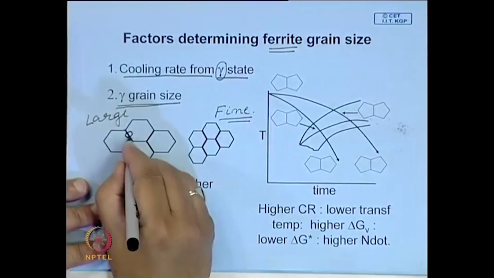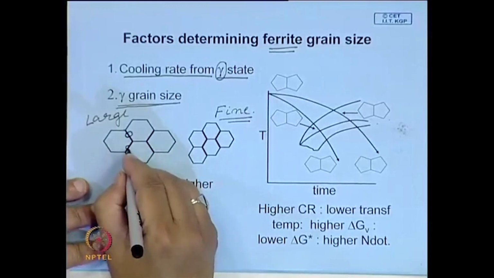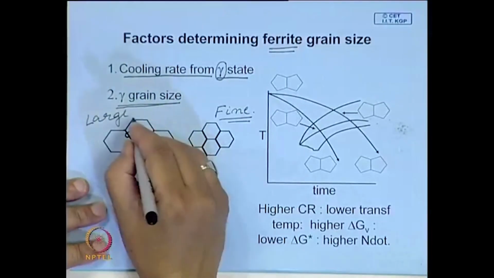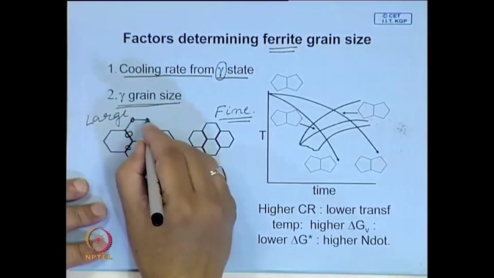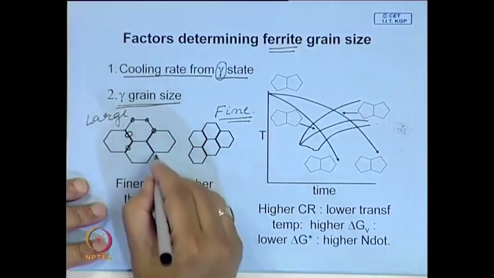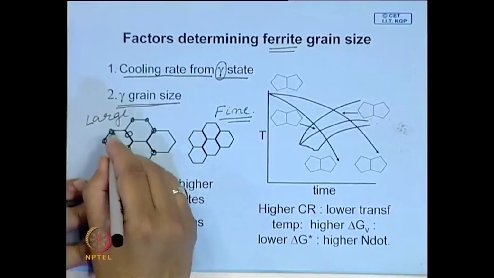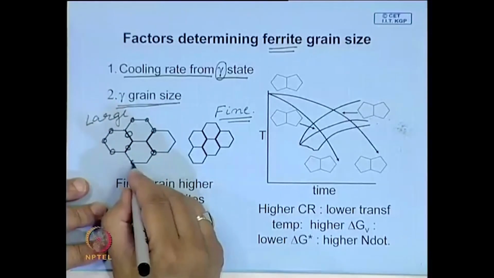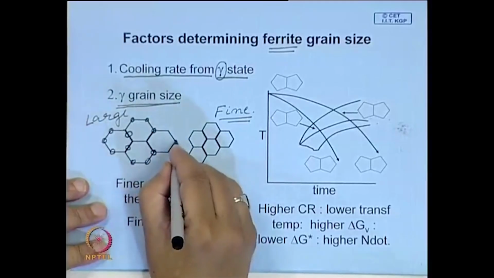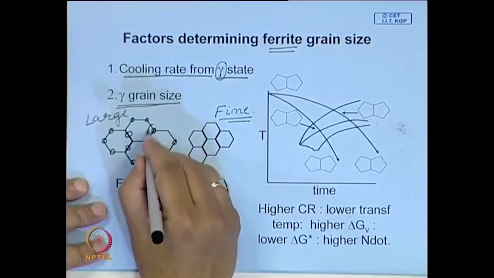So, ferrite grains form here, at these grain edges, and they will try to grow, and with time they will grow.